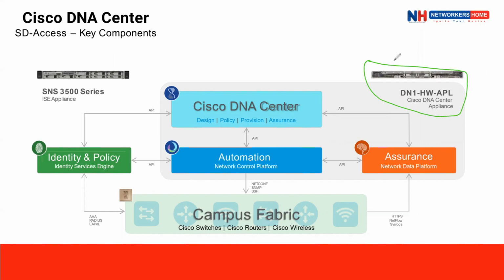The hardware appliance DN1, and now the latest one is DN2, is nothing but an SNS server again, which has the DNA Center application installed onto it, same as it is done in ICE. ICE, everyone knows, is an SNS appliance and can be deployed virtually as well on ESXi or Red Hat Linux.